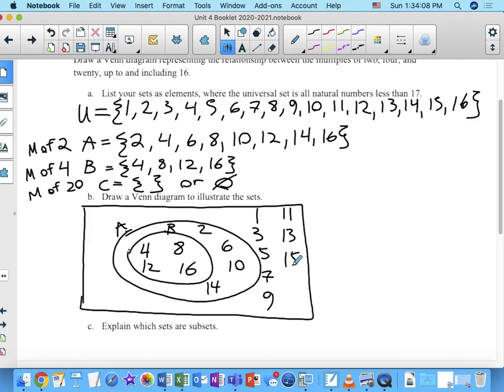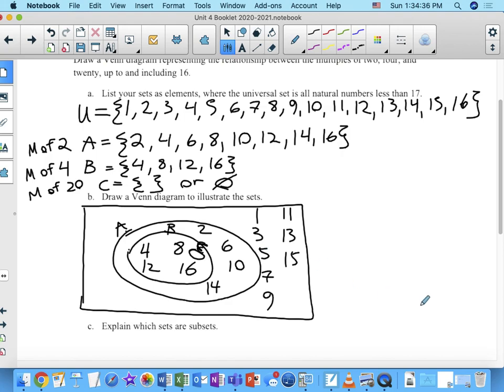Okay? Now C. C is an interesting one. Okay? Empty sets happen to be subsets of everything because nothing is inside of everything. So C is right in here. We could put C right in the middle, and it's empty. There we go. Looks like a 0, but maybe I should put it in a different color.